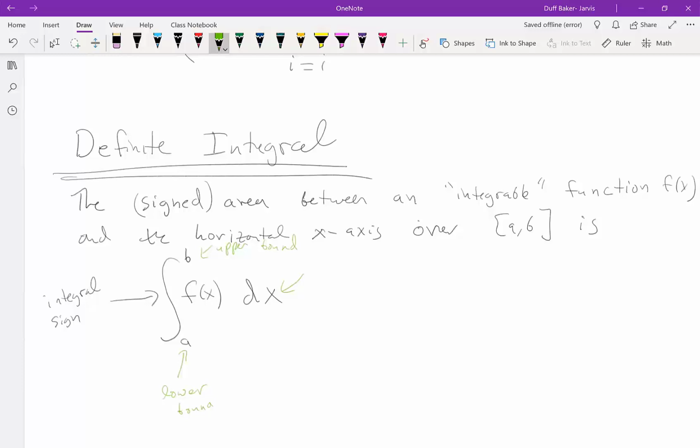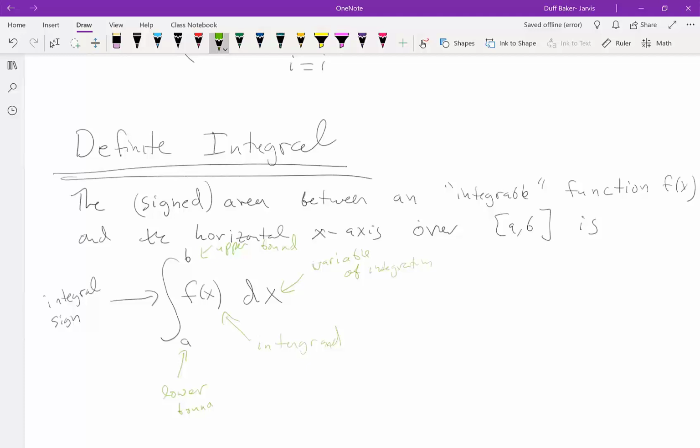Just like when sometimes you have to worry about which derivative you're taking, if it's d/dx or d/dz or d/dt, this is the opposite version of that. So this is called the variable of integration. And I don't use this term much, but this f is called the integrand. It's the thing you integrate.